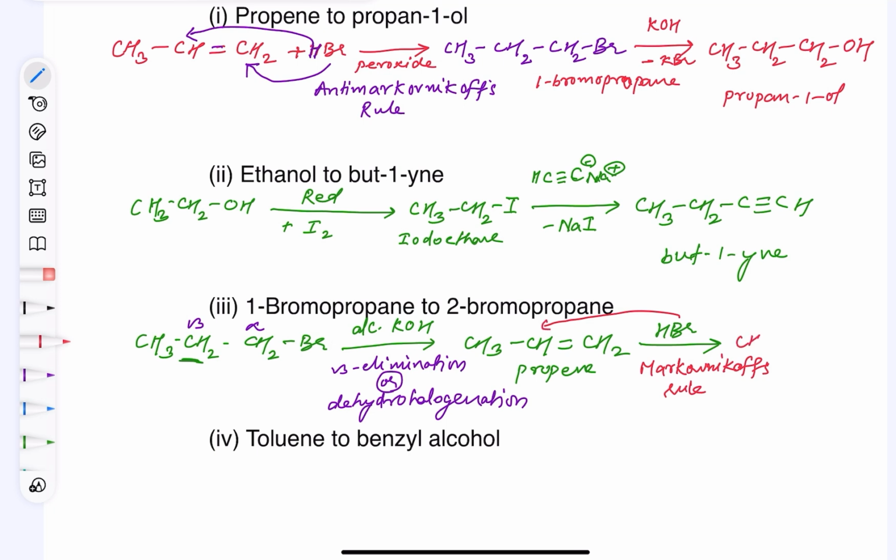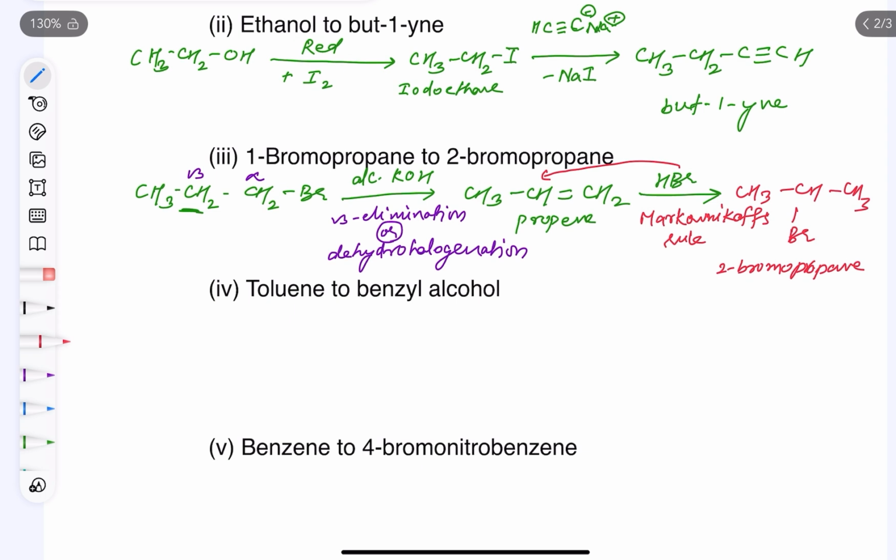So the product will be CH3 CHBr CH3. So this is your product, 2-bromopropane, utilizing your Markovnikov's rule.